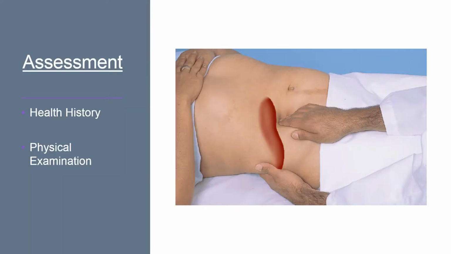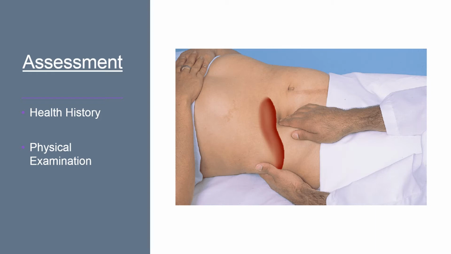So when you're doing an assessment on a patient on their liver condition, you want to start out with a health history. You want to ask about previous exposures to hepatic toxic substances or infectious agents. This might be through their occupation, recreational, or it might be an issue with their travel history.